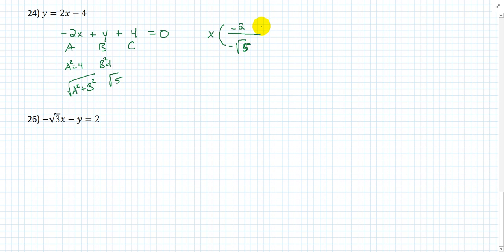Sorry to make that ugly. And then we have plus y over, and this is going to be 1 over the negative square root of 5. And then we have plus 4 over negative root 5. So remember, the plus 4 told me that this was negative. Okay.